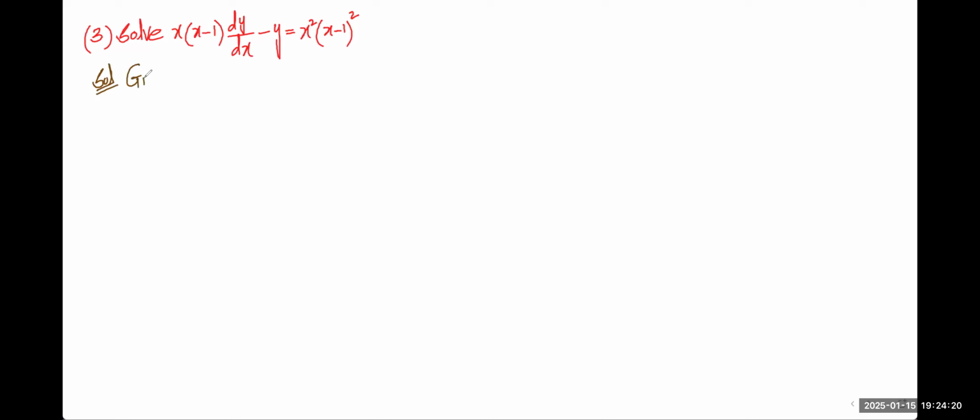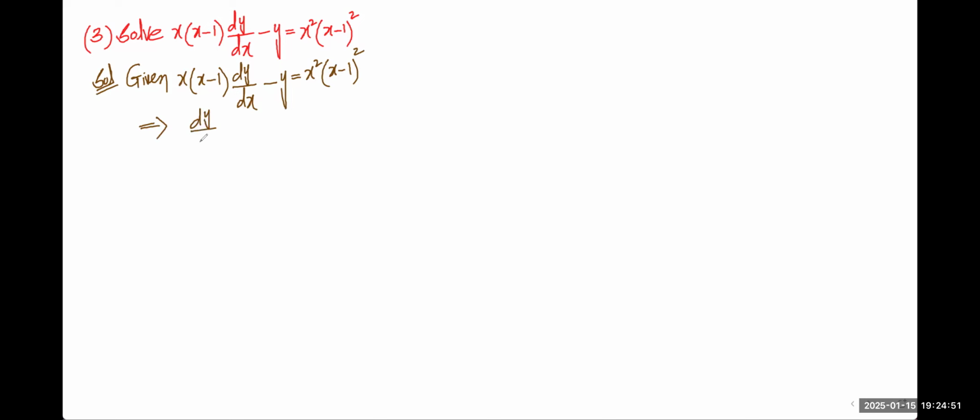Step number 1, whatever it is there, we have to write x into x minus 1 into dy by dx minus y is equal to x square into x minus 1 whole square. Now, like a previous question, I don't want x into x minus 1. So we divide this equation throughout by x into x minus 1.